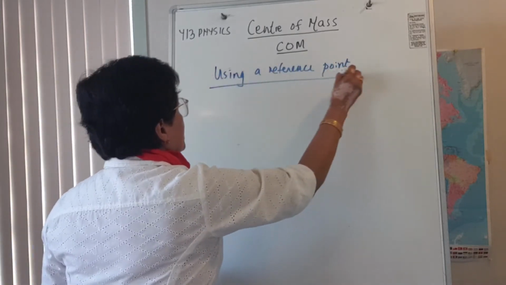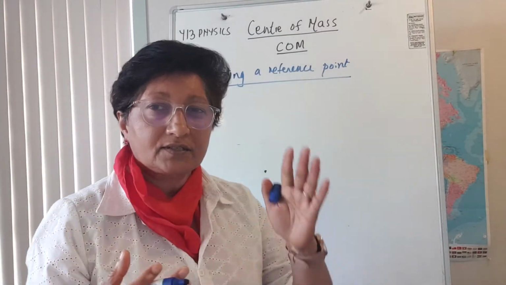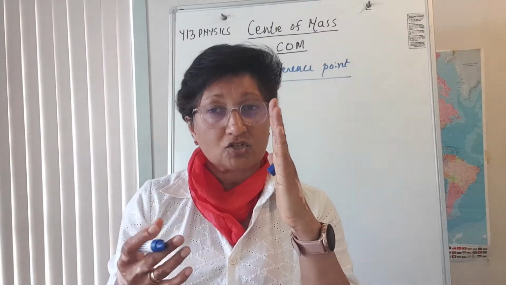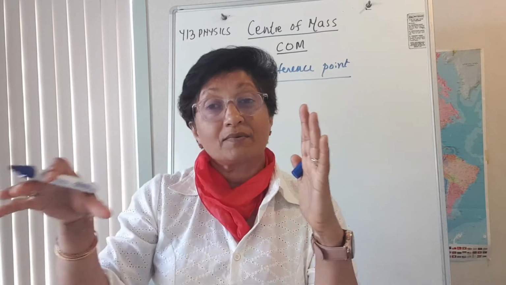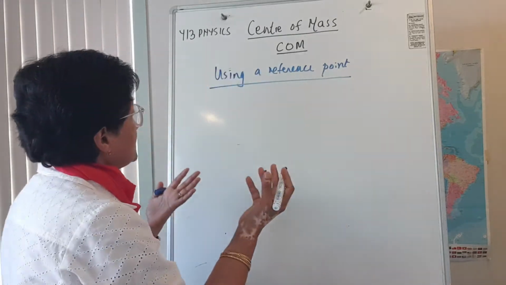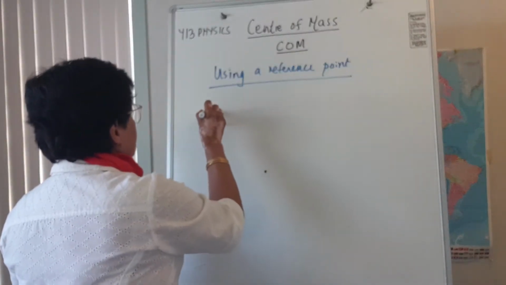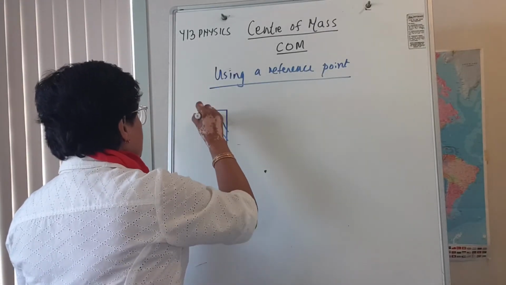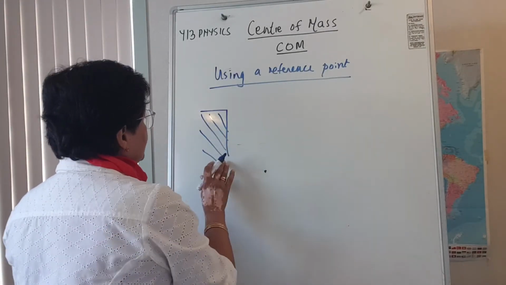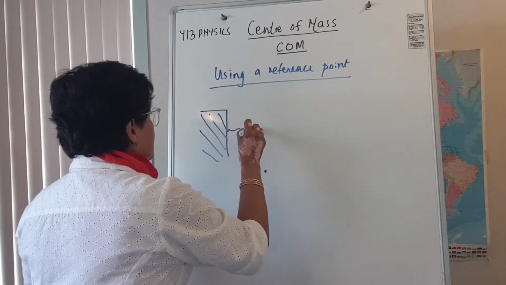A reference point is something that stays fixed, which is not moving. The other objects may be moving, which causes a change in the position of the center of mass. So let's say this is like the bank, and let's say that is water.